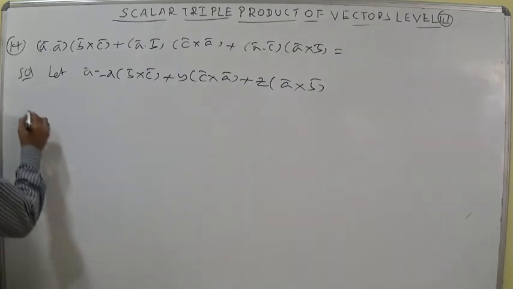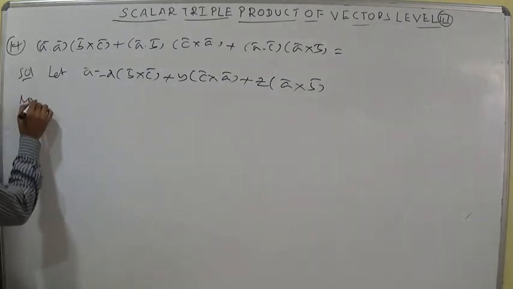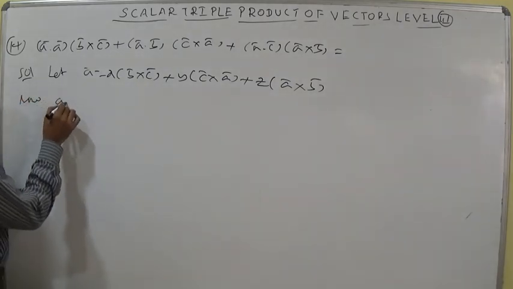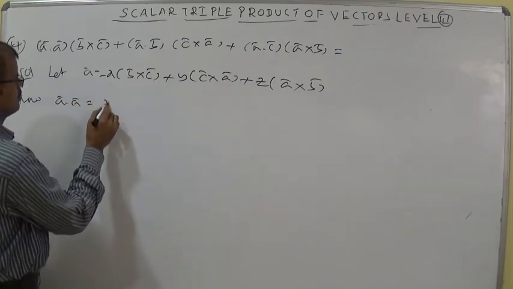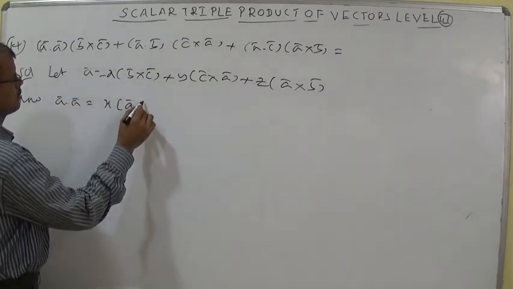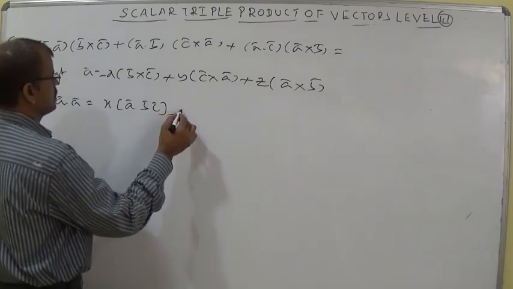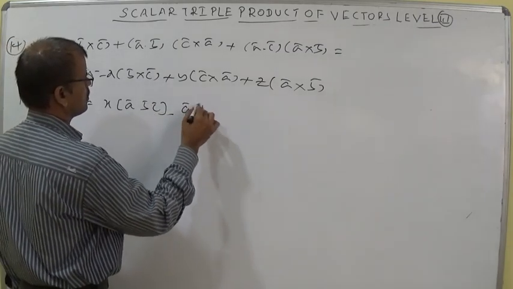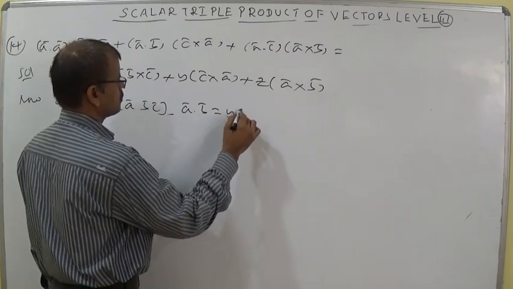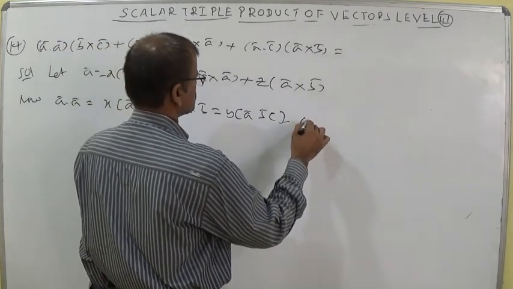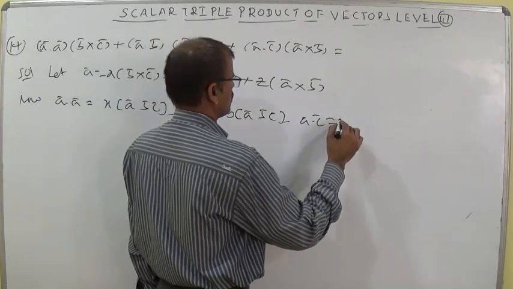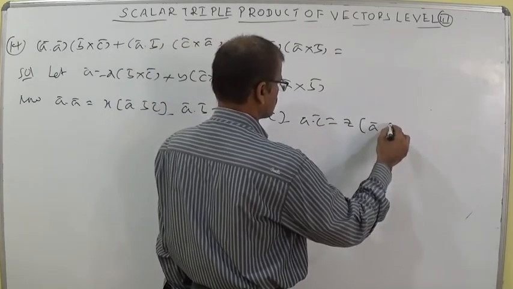Now A bar dot A bar becomes x into box ABC. Next, A bar dot B bar becomes y into box ABC. Next, A bar dot C bar becomes z into box ABC.